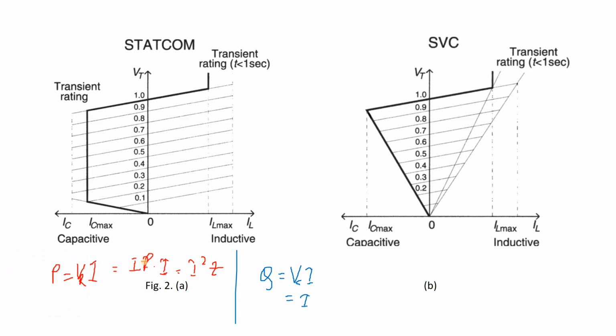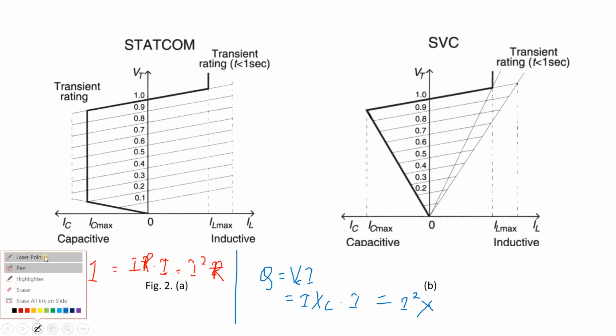Rather, I will write this as V, I, R. I into R, and I square R is the active power. Now for reactive power, it is I into XC into I, so it is I square XC, or I square X. If it is inductive, then it is XL. If it is capacitive, it is XC, and for both it will be XL minus XC.